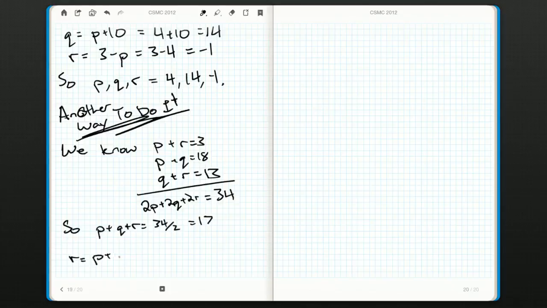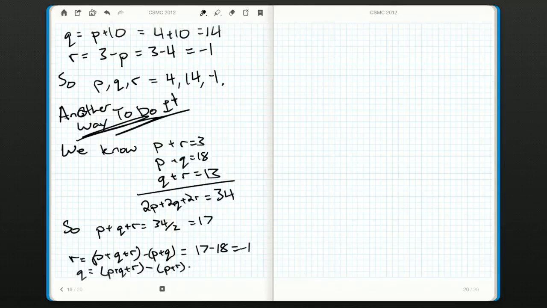And for example, R is P plus Q plus R, subtract P plus Q. So that's going to be 17 minus 18 equals negative 1. Q would be P plus Q plus R, which we know, minus P plus R, getting rid of the other two variables.